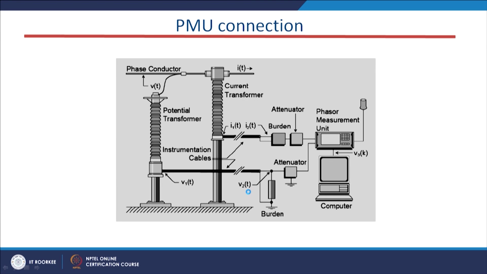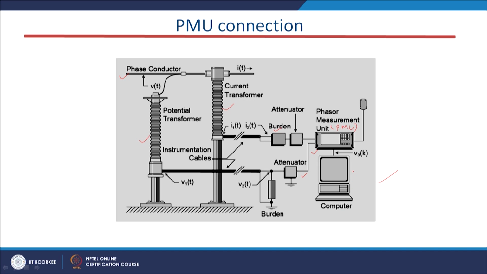Now, this is one of the PMU connection snapshots, where this is our phase conductor or power conductor, this is our potential transformer, this is our current transformer, and here is our PMU, the Phasor Measurement Unit. The current transformer is connected to the PMU terminal through this burden, and the instrument transformer is connected through this attenuator to the voltage terminal of the PMU device.